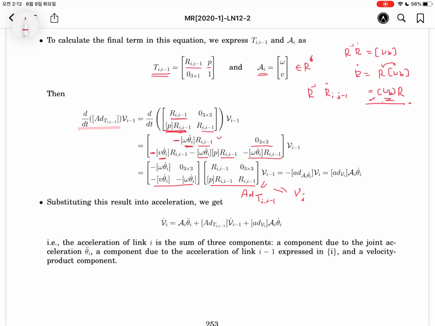So adjoint T_{i,i-1} and V_{i-1} will be equal to V_i in the viewpoint of the i frame. So this is V_i, and the minus can be extracted to the outside.